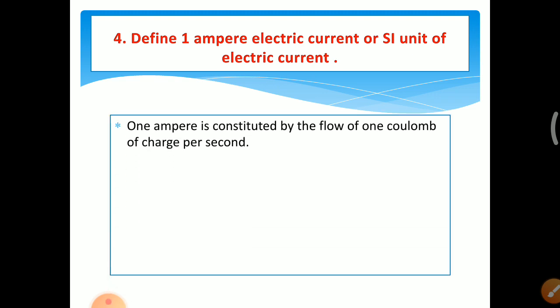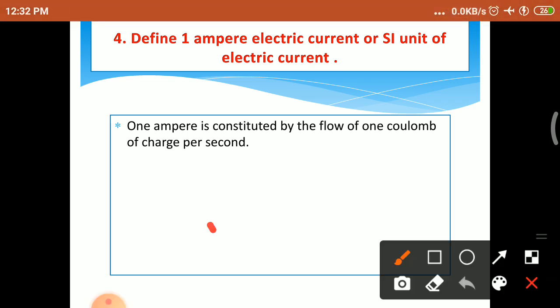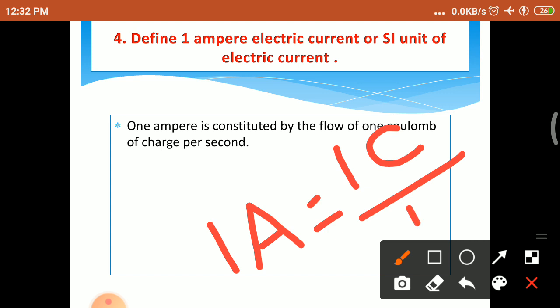The answer is: 1 ampere is constituted by the flow of 1 coulomb of charge per 1 second. That is called 1 ampere.